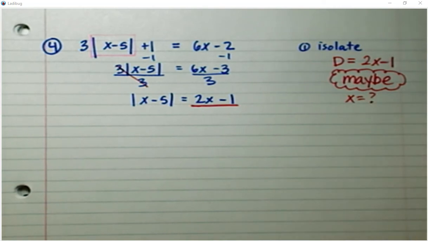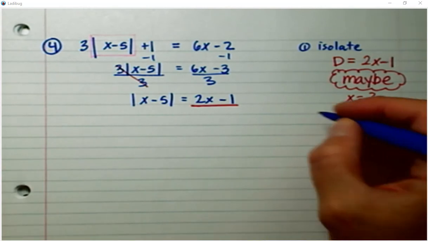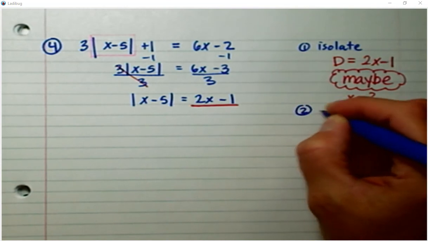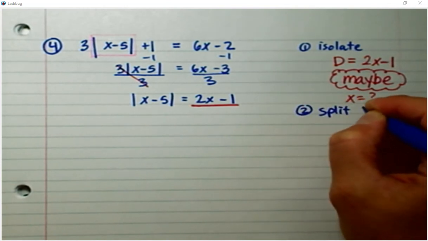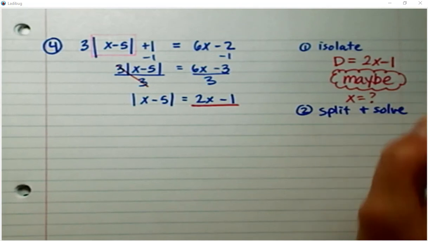If I get the x's where this ends up being a positive result, then it will work. So the answer is maybe, which means you have to split and solve. We're not sure yet.